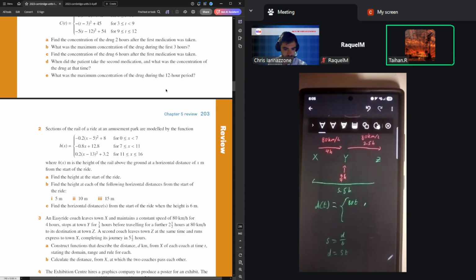Would it be like the maximum distance that it would travel away from x? So if we look at our function d of t, distance would be y-axis stuff. Time is our x-axis stuff here. Okay, then it would just be the maximum time, no?